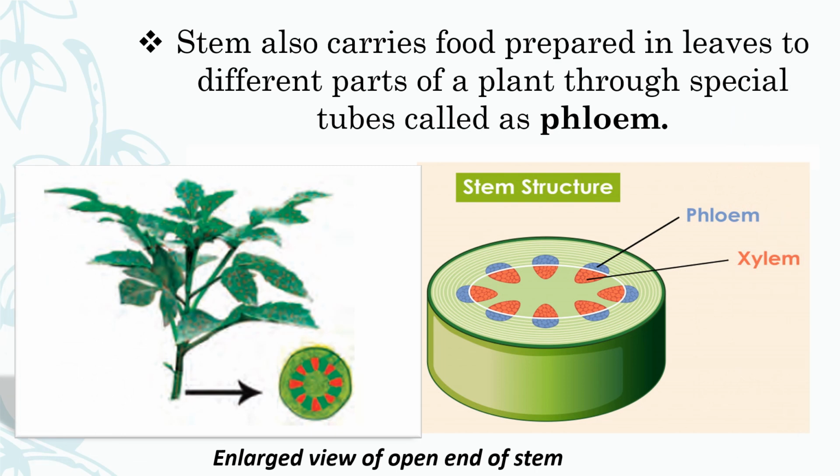We can say that stem also carries food prepared in leaves to different parts of a plant through special tubes called as phloem. So what we studied is that water and minerals are transported by xylem and food is transported to different parts of the plant by phloem.